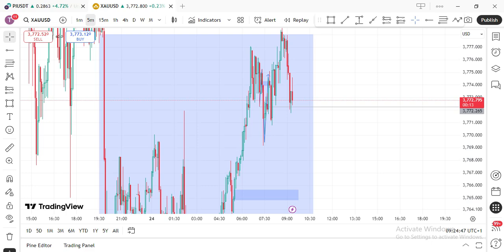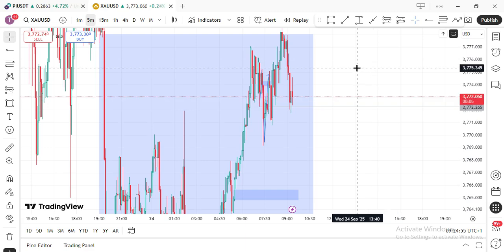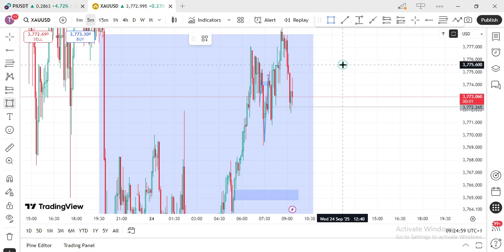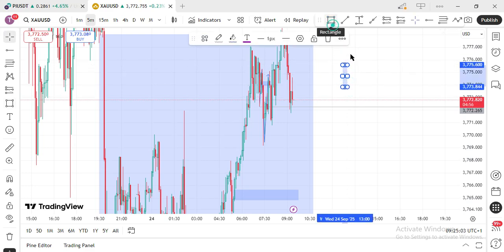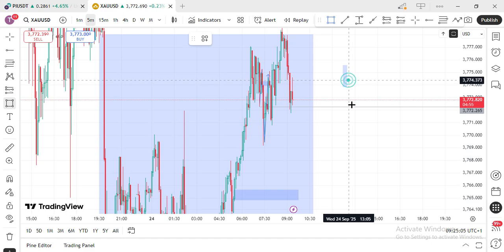Now mind you, there are fair value gaps that have as much as 4 or 5 candles. Yes, but if that happens, just know that it will form something like this.